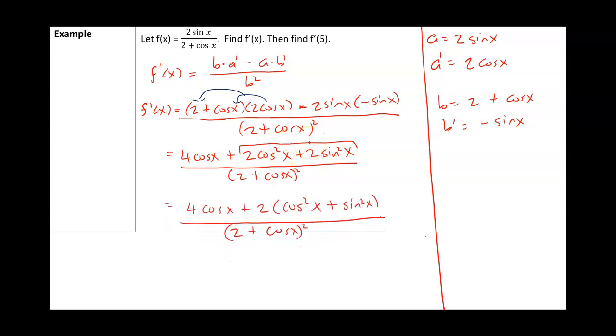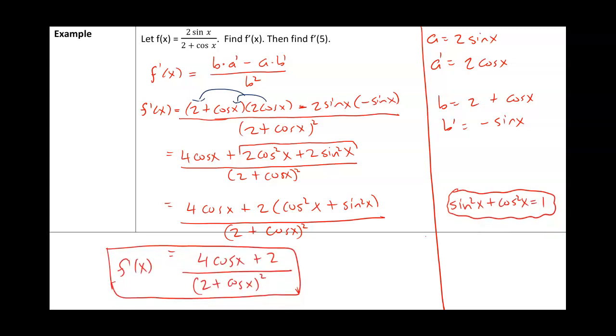So from this step, we're going to factor out the 2, because once again, we have a common factor of 2. If you factor that out, that's going to leave us with cos squared x plus sine squared of x, and that's an identity that equals 1. So we're going to replace that whole identity with 1. So we have 4 cos x plus 2 divided by 2 plus cos x to the second power, and that'll be our f prime of x.